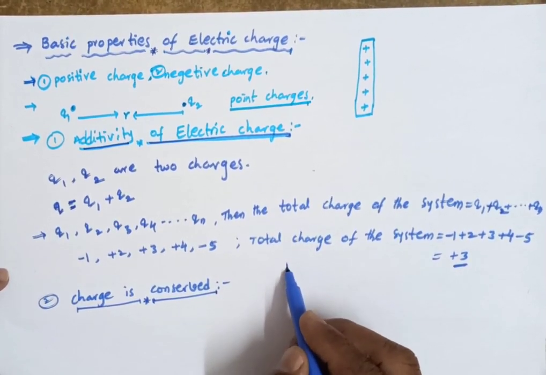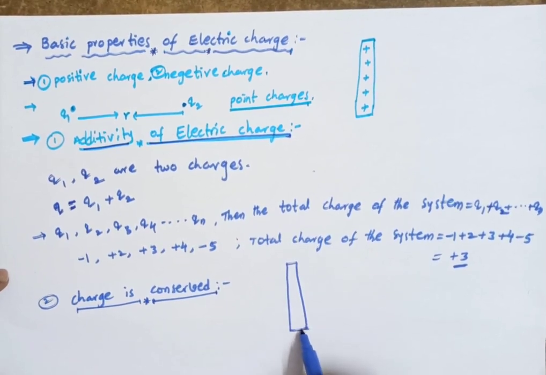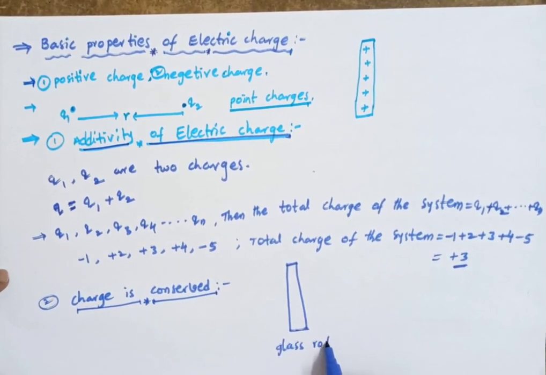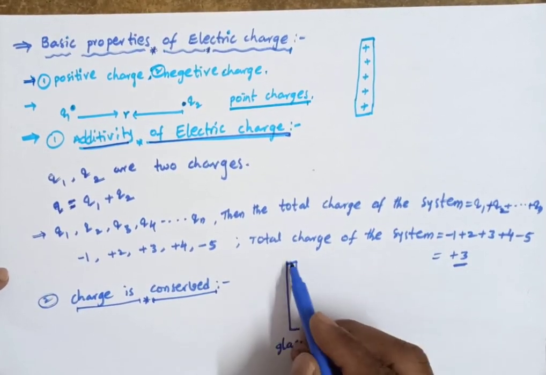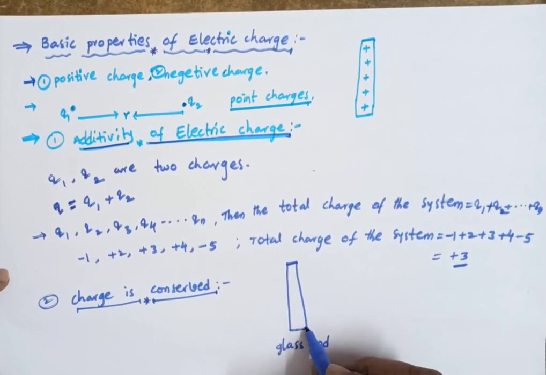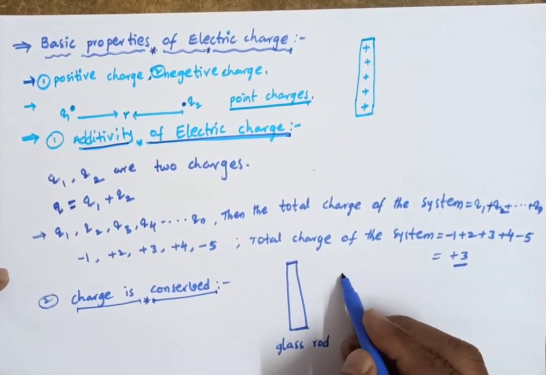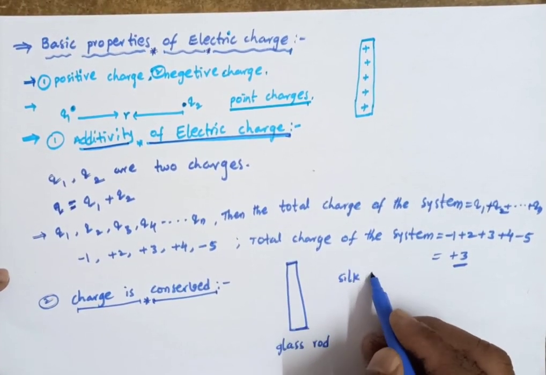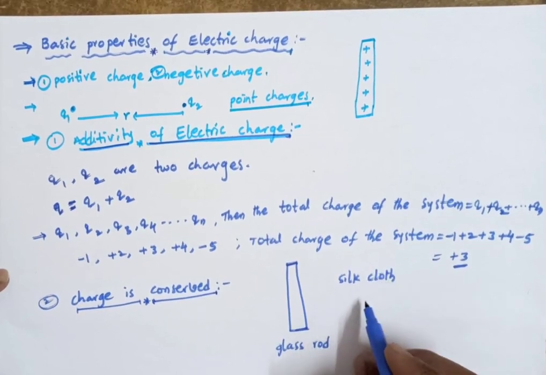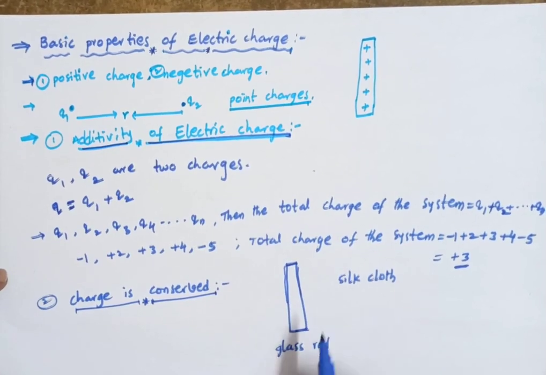Take a glass rod. How do we electrify it? When we rub it continuously and thoroughly with a silk cloth, what happens?